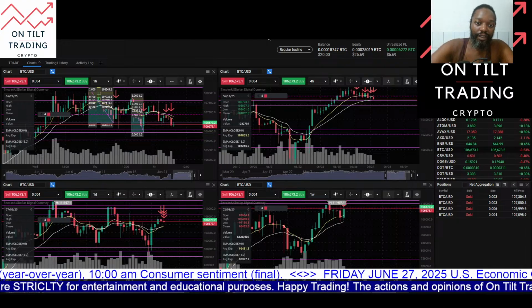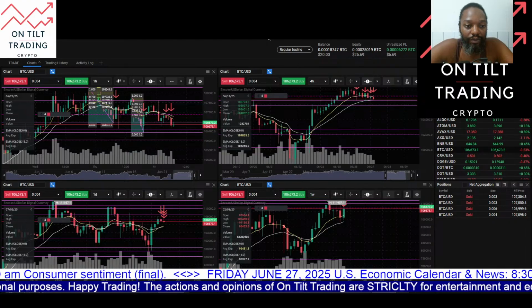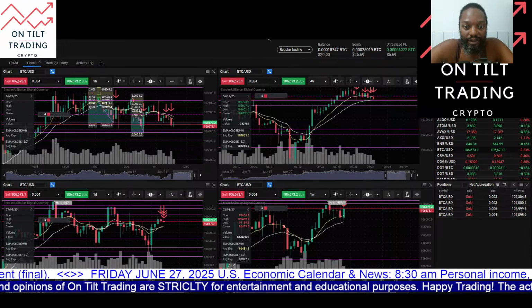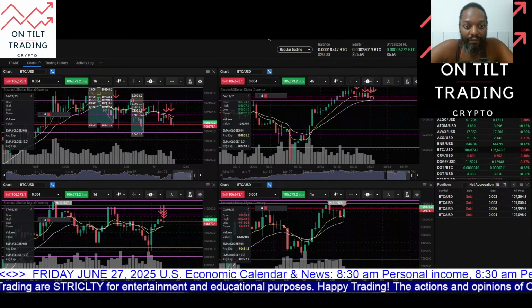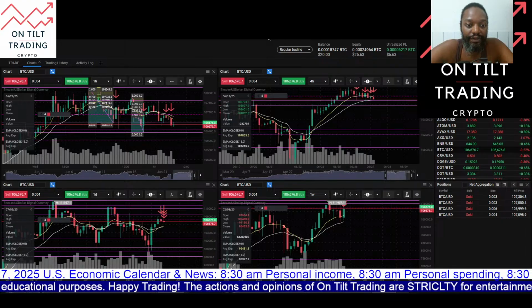Bitcoin now trading at 106,673.1. So price currently being delivered to the sell side as Bitcoin has now traded under the 106,700 level.